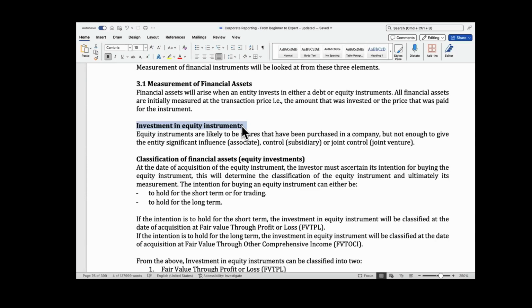Those are investments that give rise to significant influence, control, or joint control, and they are measured differently. Here, we are talking about holdings that do not give you any kind of influence, control or joint control. So you measure those at the amount you have invested, which we call transaction price. It's that simple.